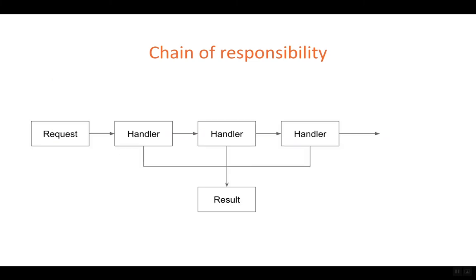So a quick visual representation of this: we have a request that is passed to a handler. The handler has the option to process the request, so then we get a result. Or if it cannot process it, it moves it on to the next handler to see if that one can handle it. Okay, so this is the situation where, once the request is handled, the handler breaks the chain.